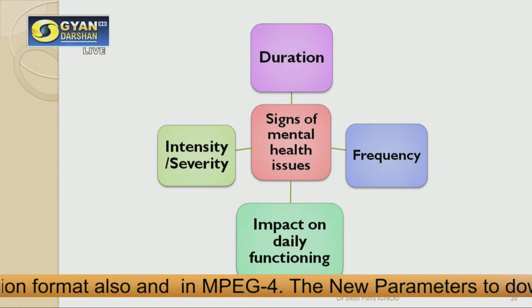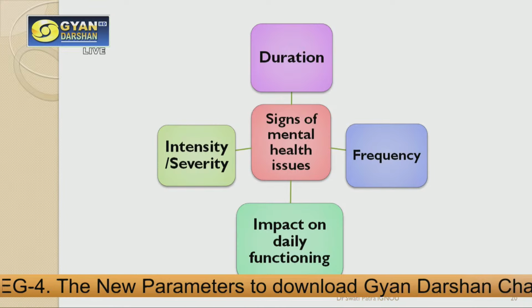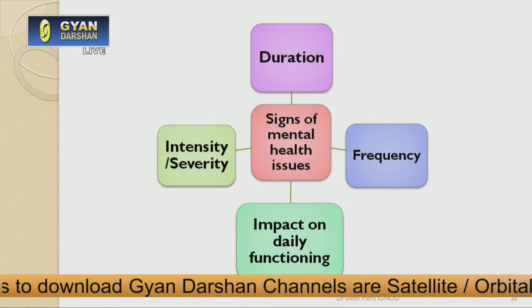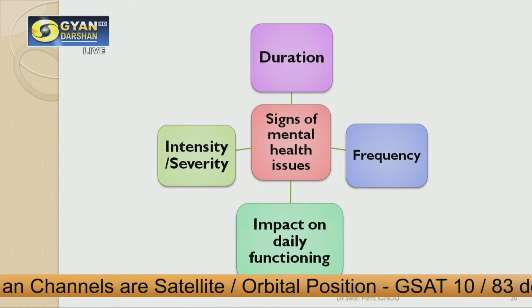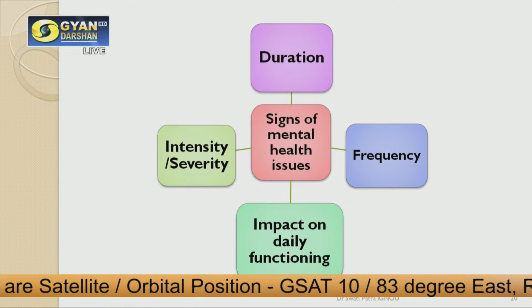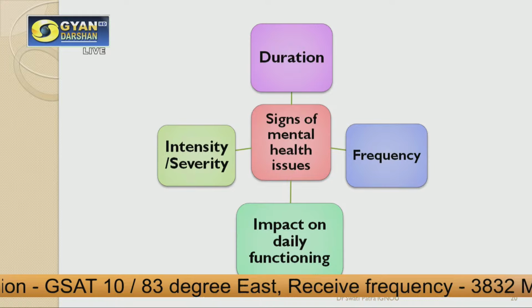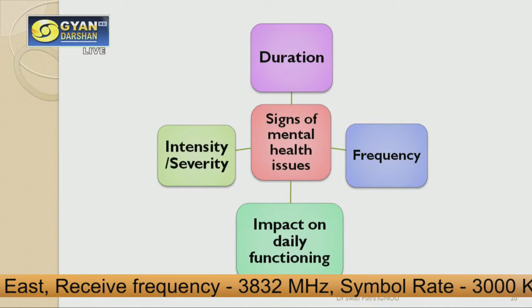For example, if a person has not slept, the person might be having a headache or might feel irritable. Just because these symptoms are there, that doesn't qualify that the person is having a mental health issue. So these four aspects we need to keep in mind: the duration, the frequency, the intensity and the impact on the daily functioning of the individual. Okay.